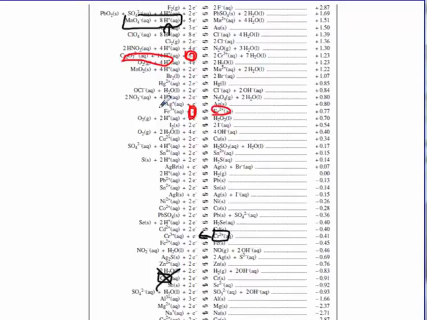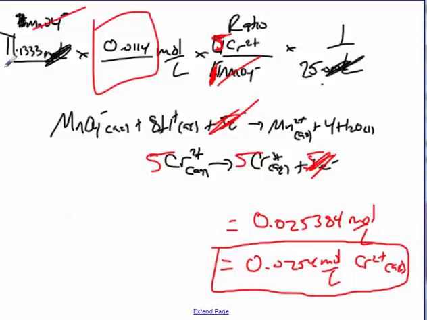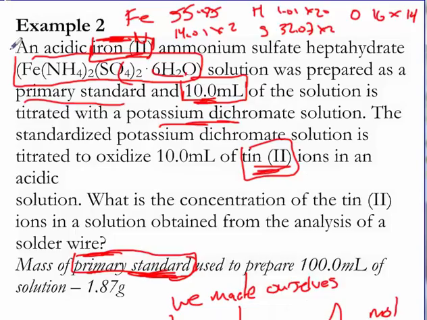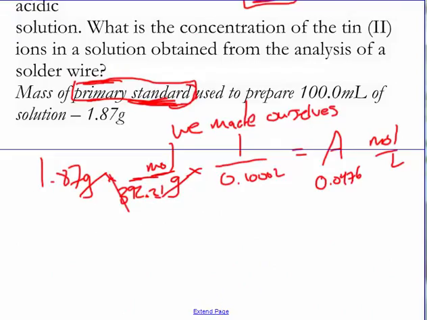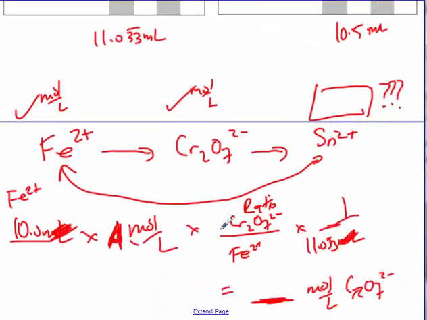It's 1 to 6, so you're going to need 6 irons for every 1 dichromate. So there, that's the information I need. Where are we here? There it is. Not 6 dichromates. 1 dichromate for every 6 irons.